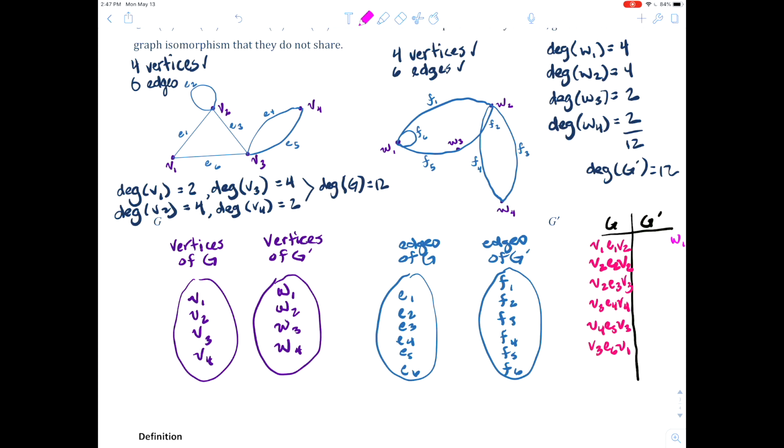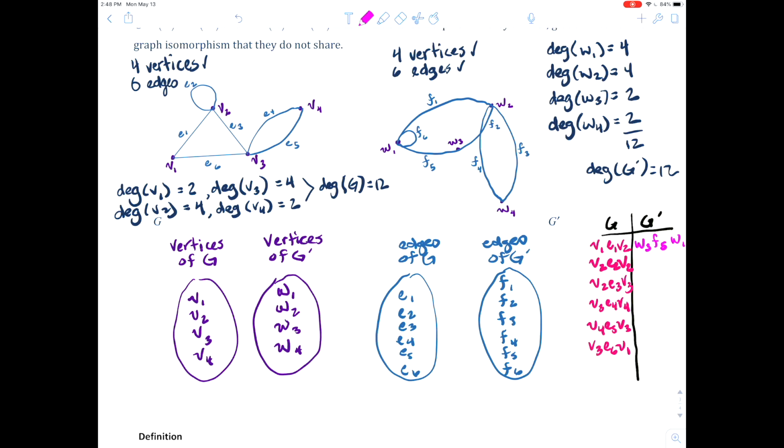The only other option could have been W2, but W2 has a degree of 4, so it won't work, since each vertex has to have the same degree. So I think we found our match. W3. What edge is going from W3 to W1? Awesome. Edge F5. Cool so far?